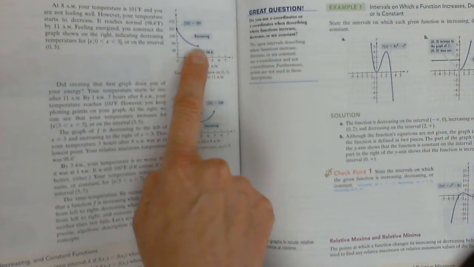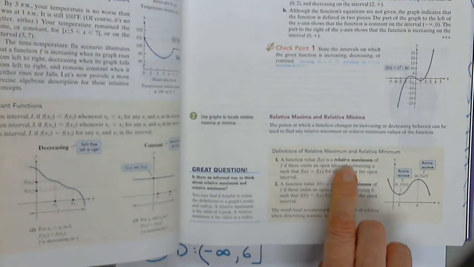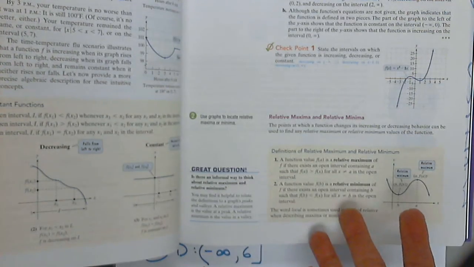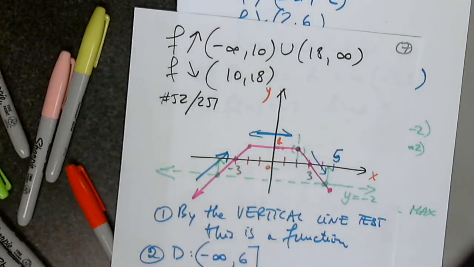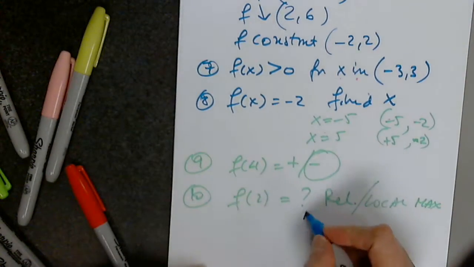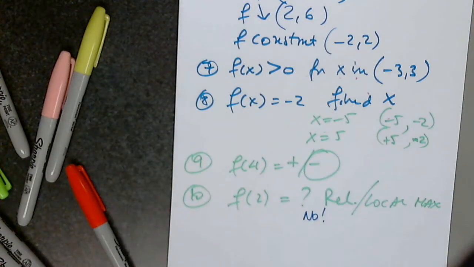This is not a relative minimum because the function is not defined on the other side. So a function value is a relative maximum, and they consider it strict inequality, not equal to. So that's why we will say no, according to what they say in this book. I'm fine. But in the calculus book it is considered yes. So I will say no, because they consider that everything has to be strictly less than, not equal to that point or that value.